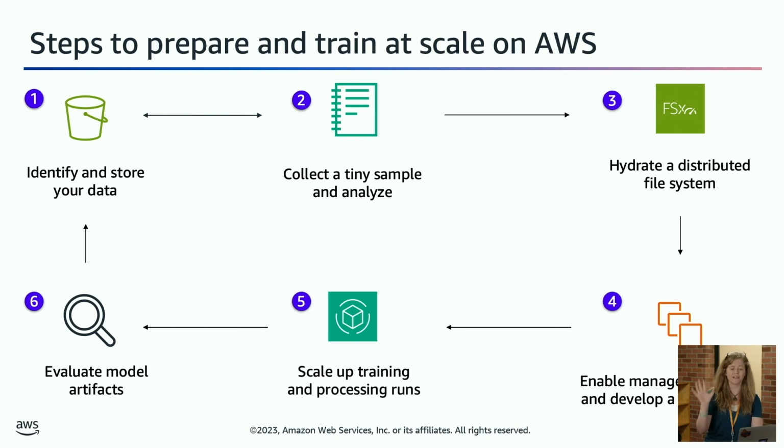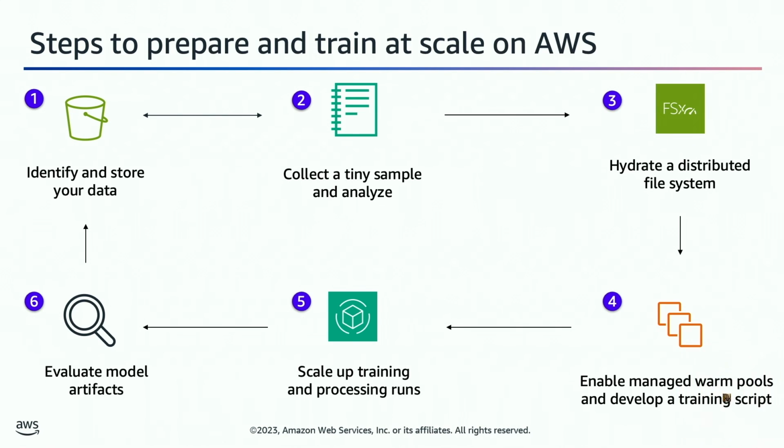All right, so again, let's recap everything we learned here. We talked about storing our data in S3. We talked about collecting a small set of data to analyze it with a notebook. We learned how to create a distributed file system using FSx for Lustre.